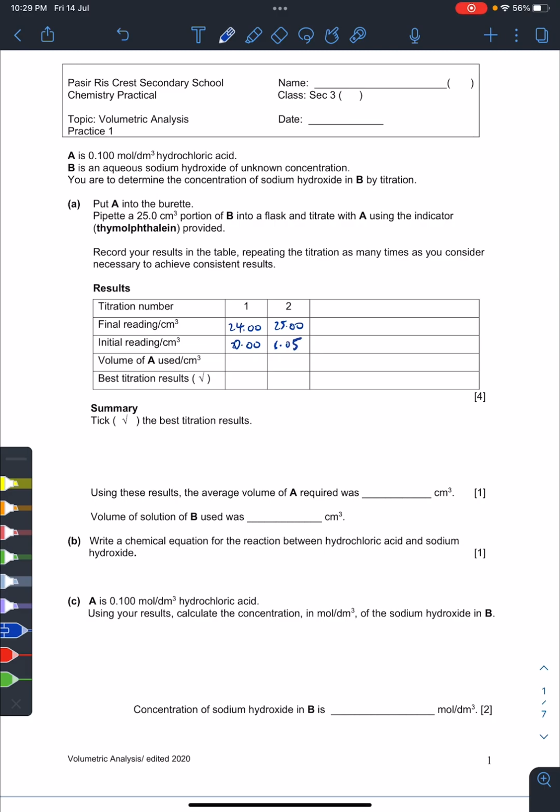Let's say you use your own reading, I am just showing you the method. If you realize, in titration, other than the accuracy mark, everything else, your answer will differ from my answer, which is fine because we are looking out for the technique.